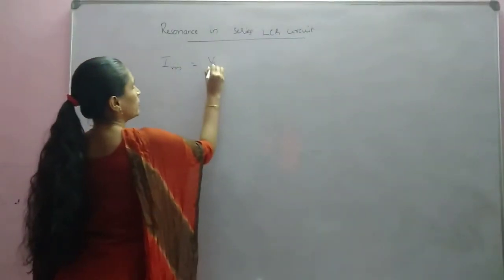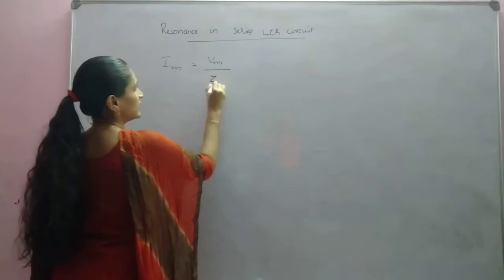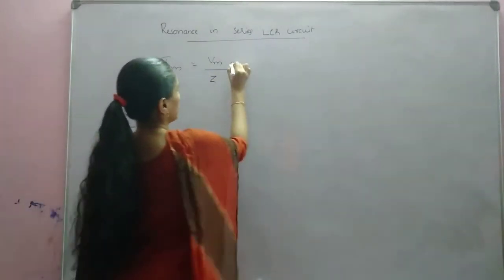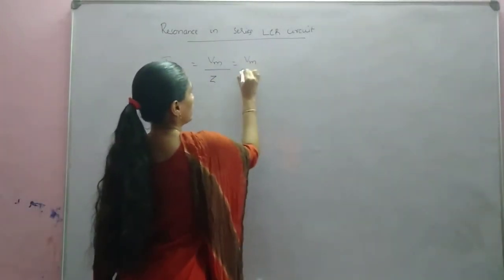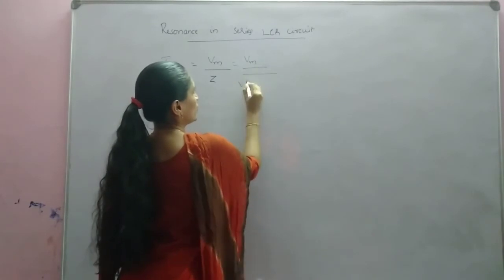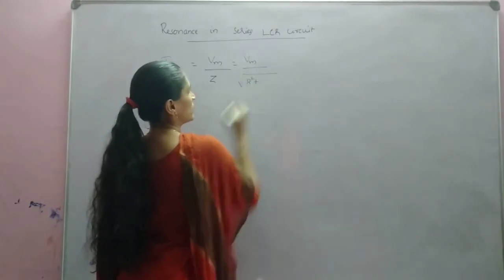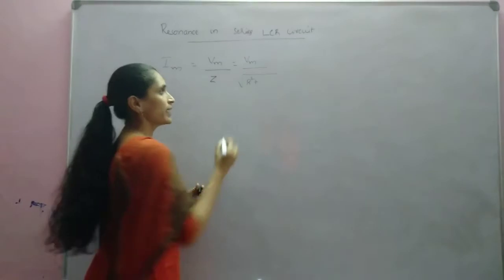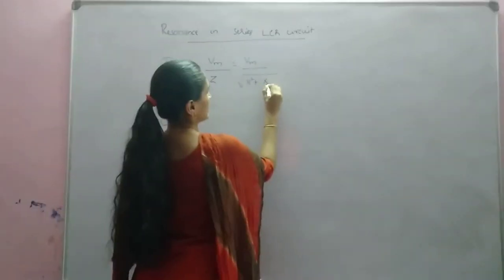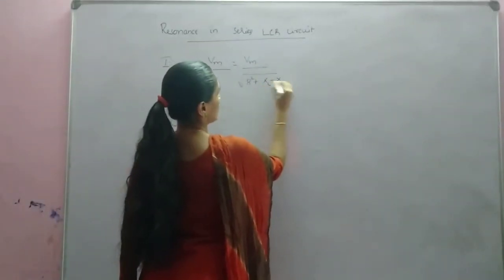is equal to Vm by Z, or that can be written as Vm by root of R square plus (XL minus XC) the whole square.